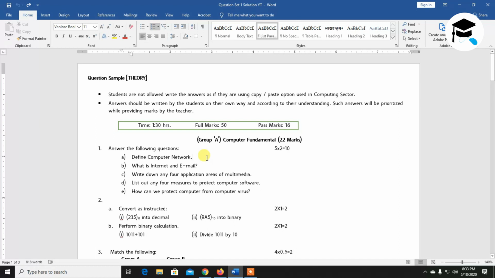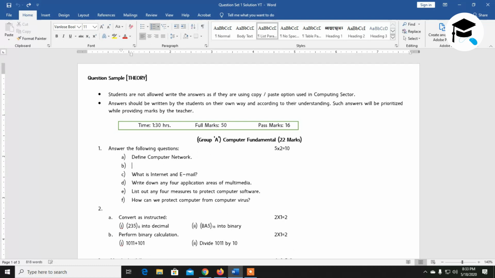By network you need to understand it is a group of something. It can be a group of people, a group of devices, a group of products or anything. So by computer network, what do you understand? What is computer network?